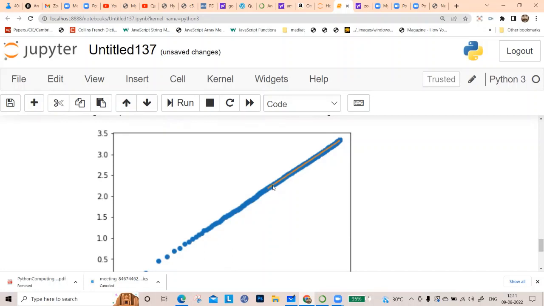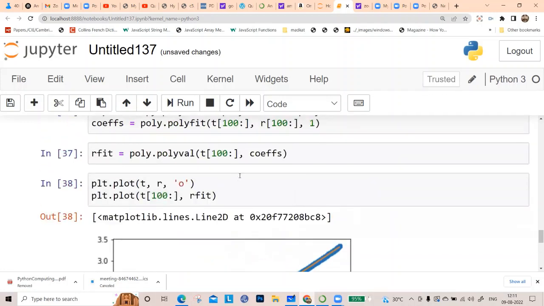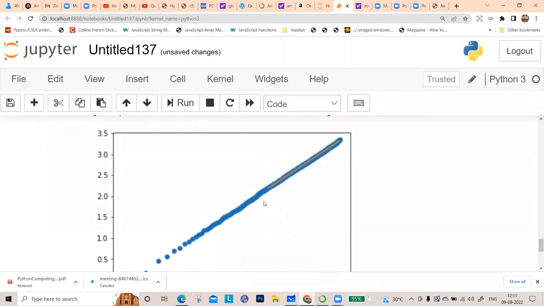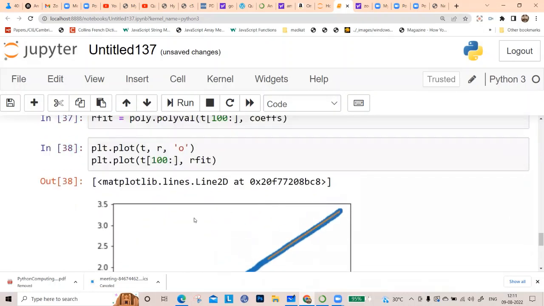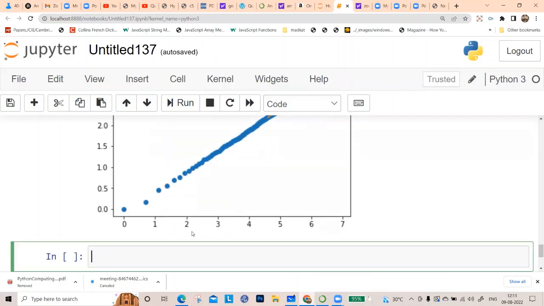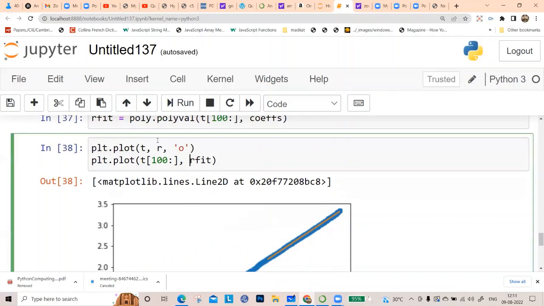You can see that this orange line is the fitted line. Just to make it look better, I can extend the data points. That means if I include one data point here and join here, it should look better. You can do lots of things.